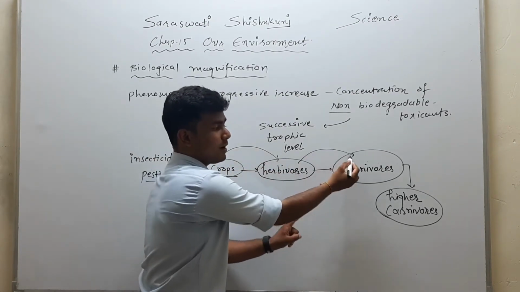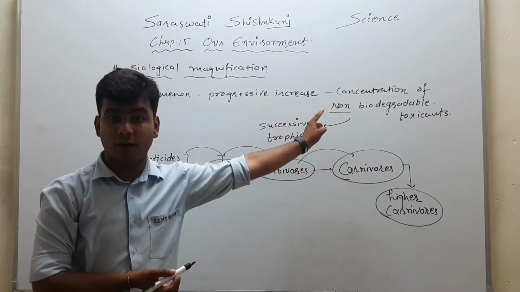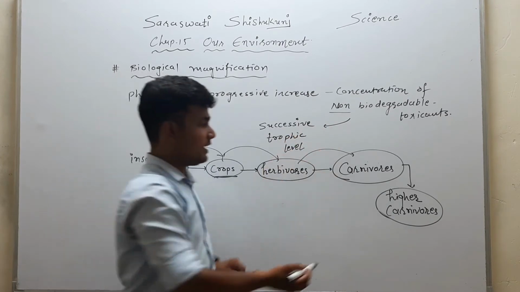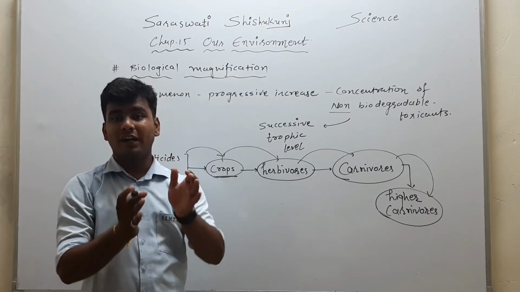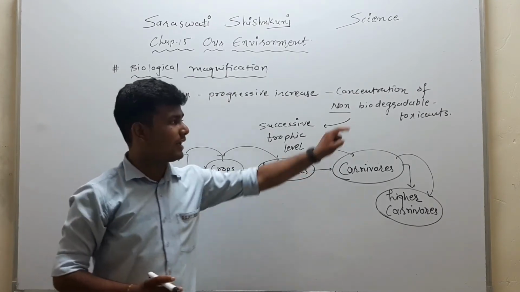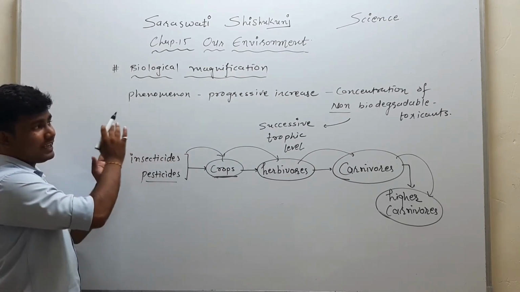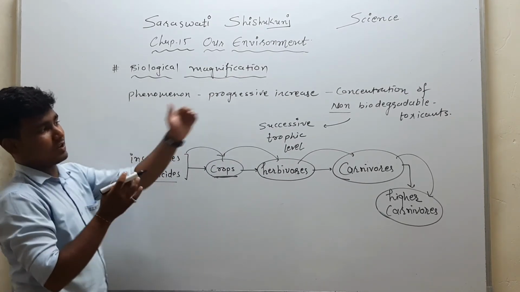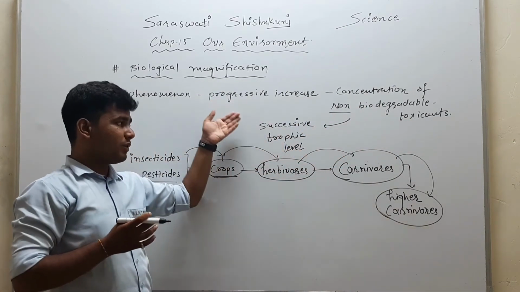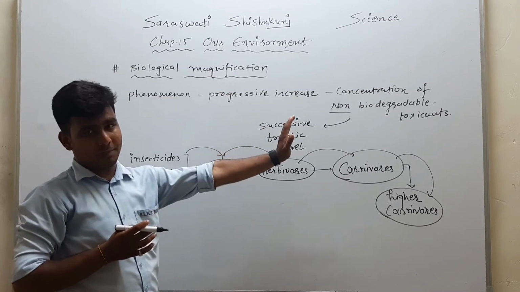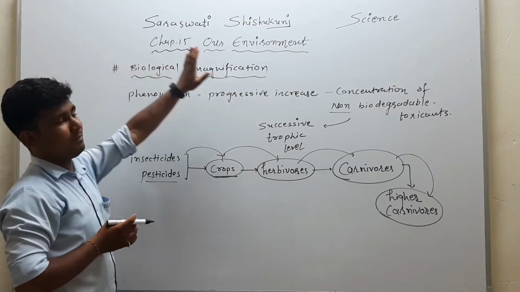When it is moving from herbivores to carnivores, again the toxicity and the concentration of that non-biodegradable component will increase. When it moves from carnivores to higher level carnivores, then also the concentration of non-biodegradable toxicants will increase. So this phenomenon of progressively increasing concentration of non-biodegradable toxicants when moving from one trophic level to another successively is called biological magnification.